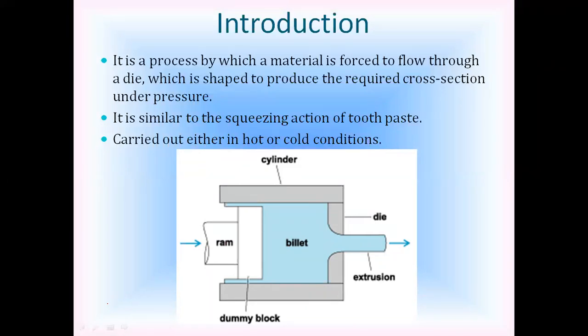In the picture we have a cylinder, a dummy block, a ram, and a die, and within the container or cylinder the billet is present. This blue colored structure is the billet, a hot metal block.